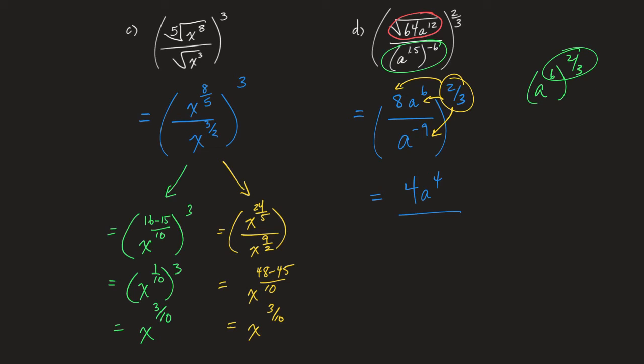On the denominator, we should be pretty good to be able to go through and say that I have a to the negative 9th, all to the 2/3. And so when we simplify that, we're going to get an a to the negative 6. Well, now that we have that, we should be pretty quick to say I can move that across or follow my laws of exponents. I get down to 4a to the exponent 10, and we are good.